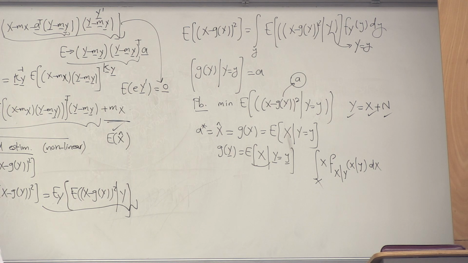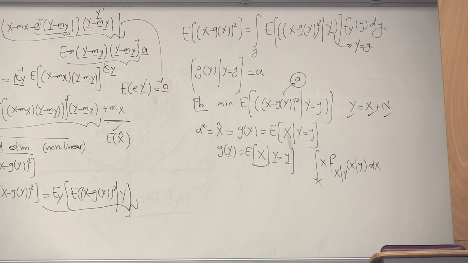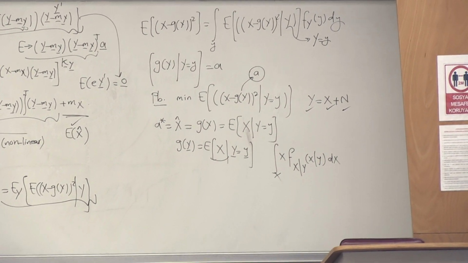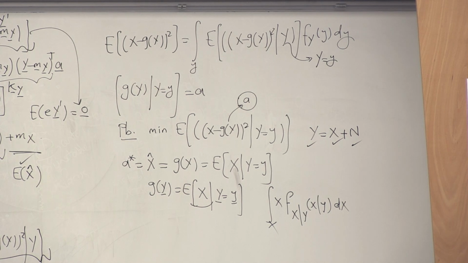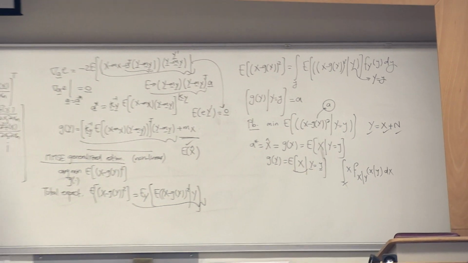Okay, so let's give an example to see what is going on with the two different types of estimators we did, the linear one and the nonlinear one, and the quality of each of them.